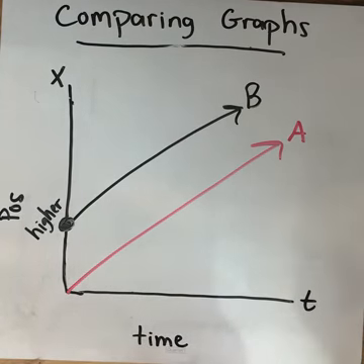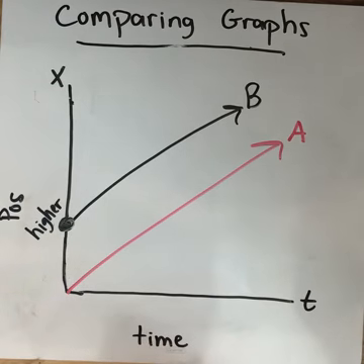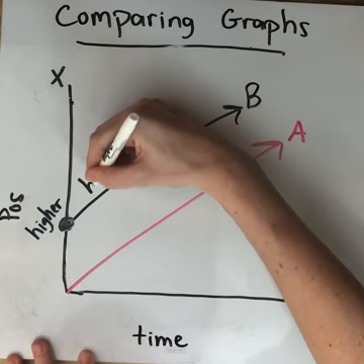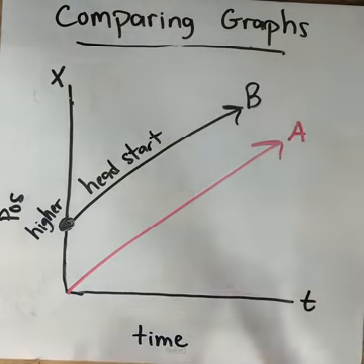The test is not going to give that as an option. You need to remember that a higher intercept really means that object B got a head start. So how are these objects different? Object B was given a head start and object A had to start at the beginning.